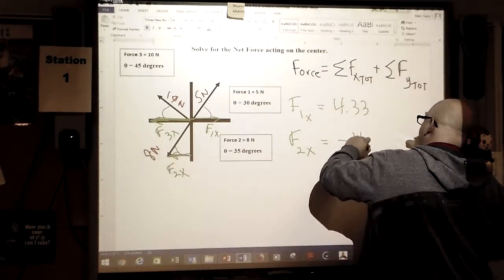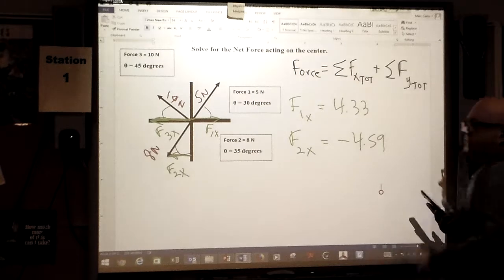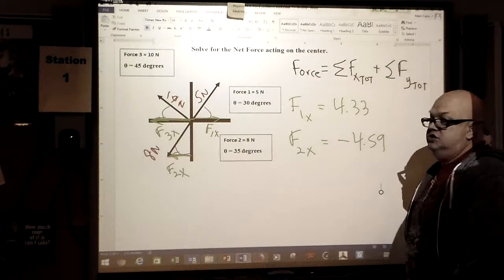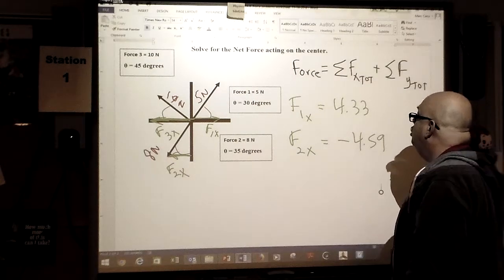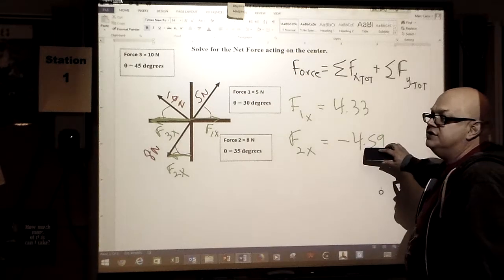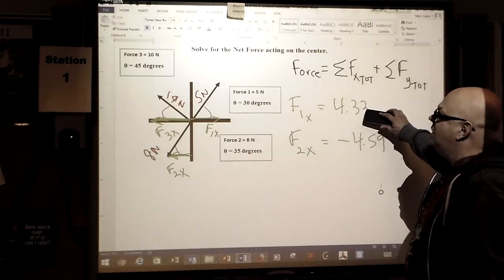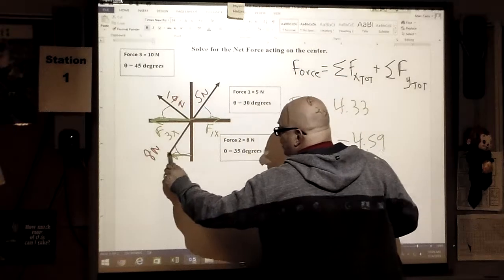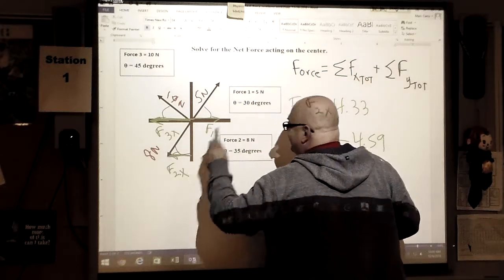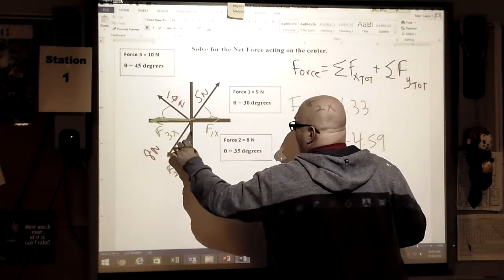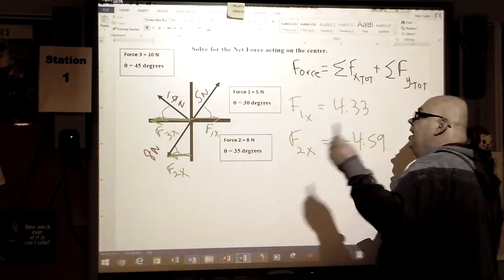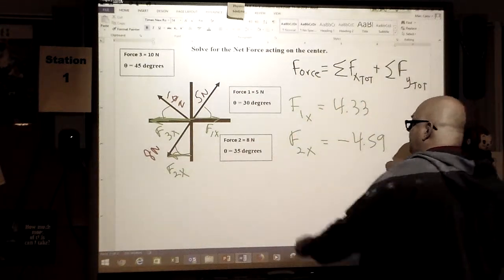So that's negative 4.59 for our F2 in the x direction. Notice we used the sine, not the cosine, because in this case our x is opposite the angle. Now let's take a look at F3 in the x.